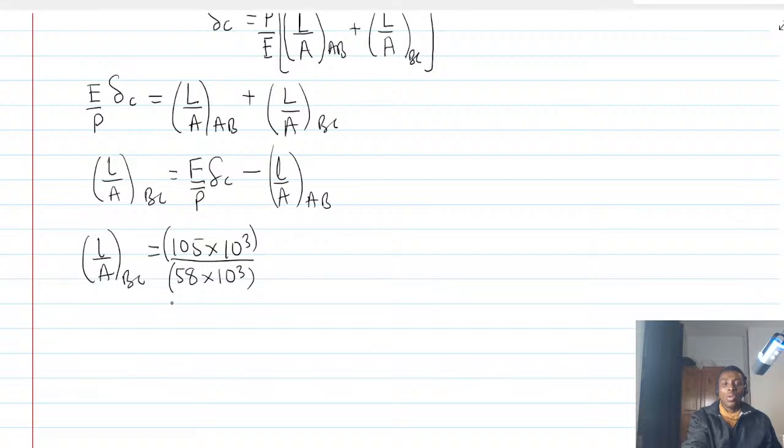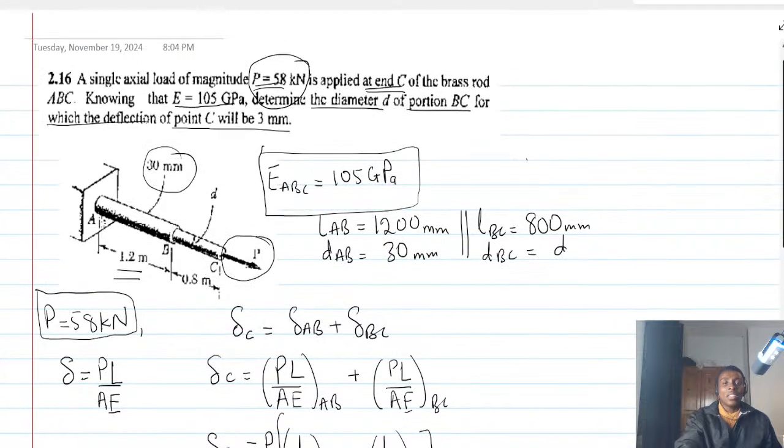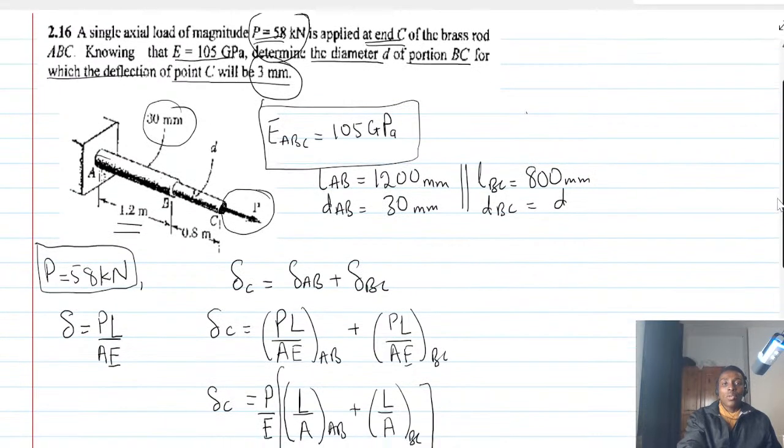And then the question said the deflection will be 3 mm. Please, let's take notice: the question said the deflection at point C. That is why we added the deflection in AB plus BC. All right, so now let's go back to the equation.